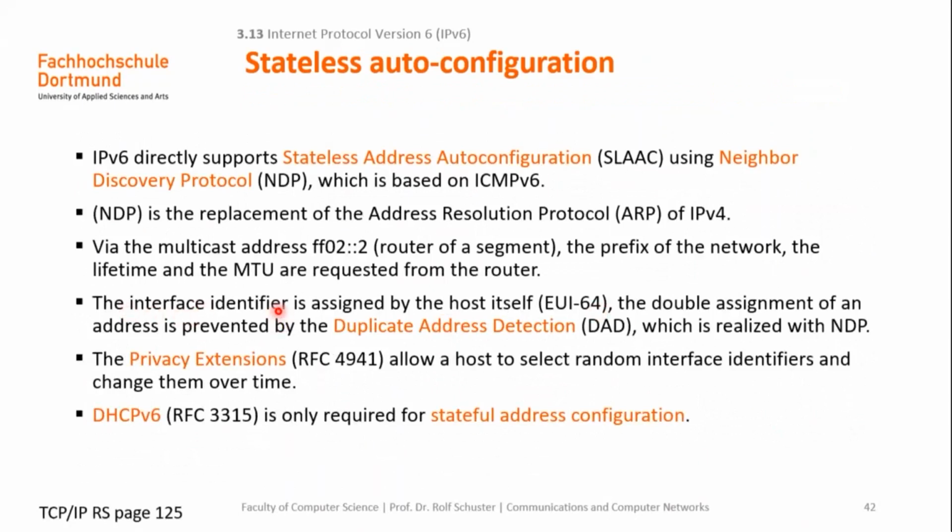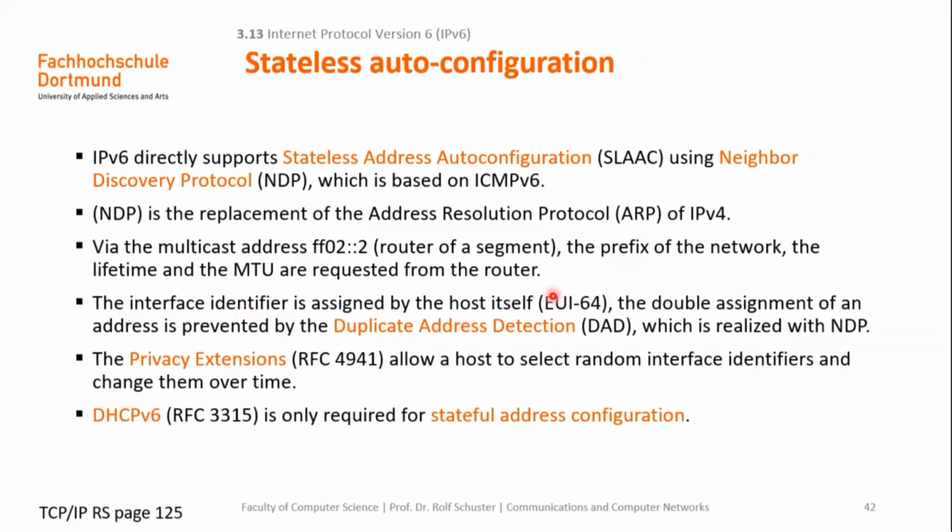Then the interface ID is the 64 least significant bits of the IP address, and the most significant 64 bits of the IP address are defined by the prefix of the network.